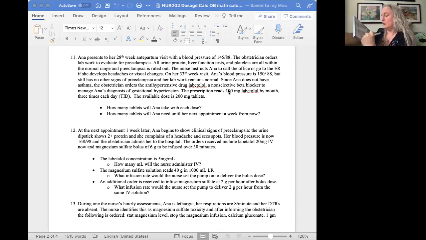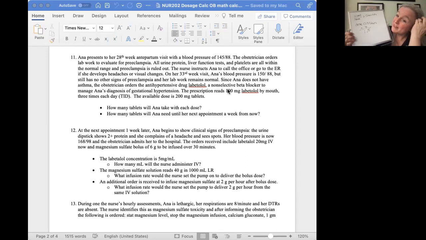So her dose is 0.5 tablets. Okay. And she is going to take it 3 times a day. So she's going to take 1.5 tablets each day total, right?